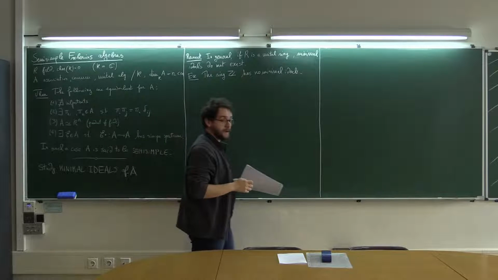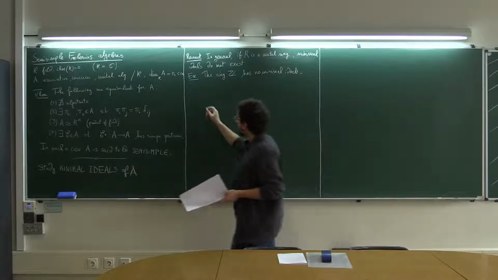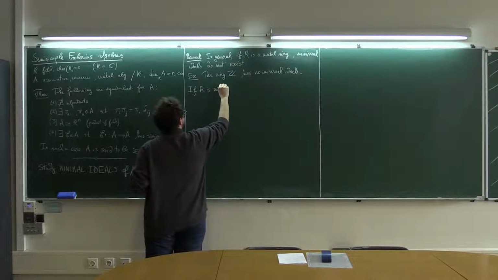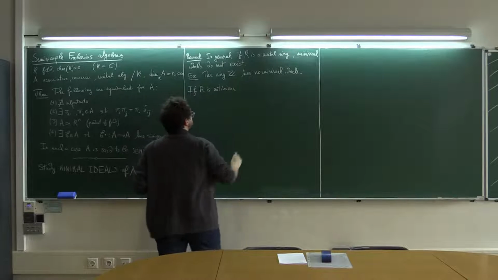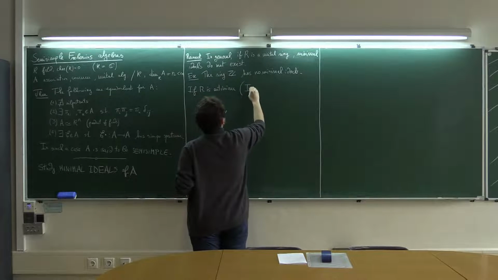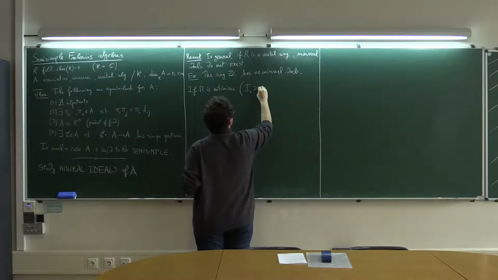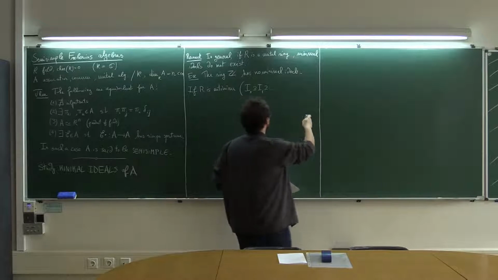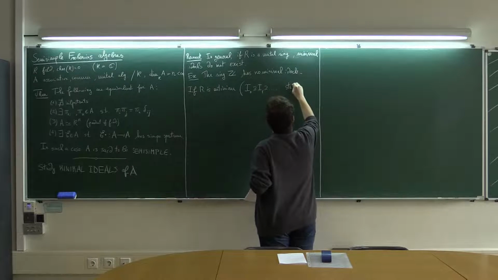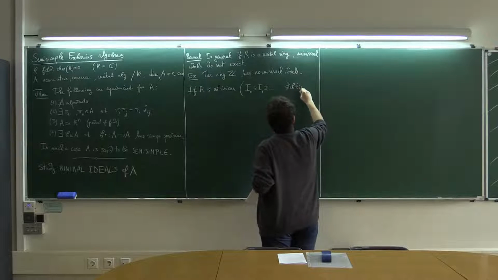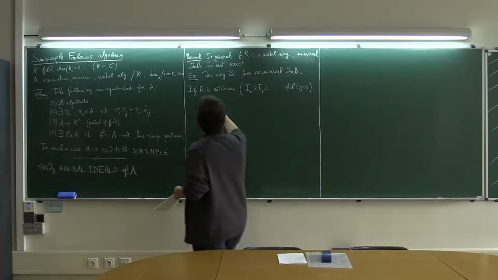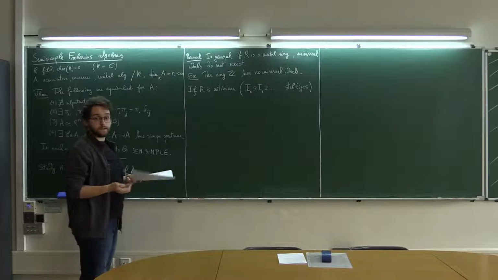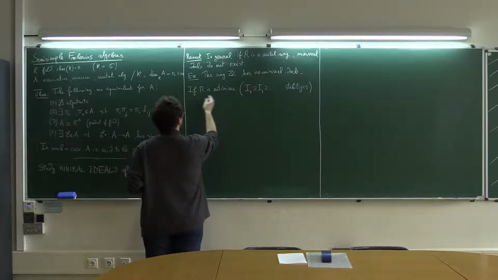In particular, if R is a so-called Artinian ring, which means that whenever you have a descending chain of ideals, at some point this chain must stabilize. So if R is Artinian, then necessarily minimal ideals exist by Zorn's lemma. That is again the axiom of choice.